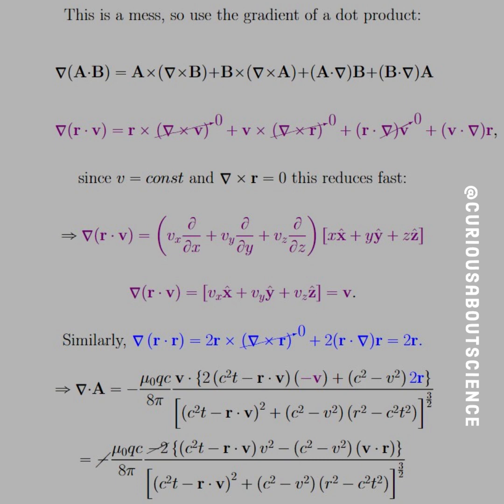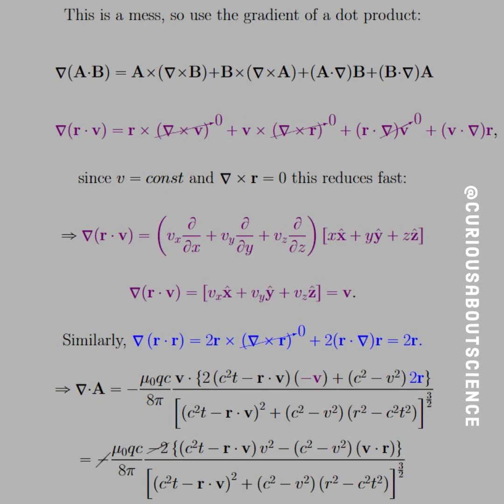So what we're left with is gradient of r dot v is equal to v dot the gradient applied to the vector r, which we kind of saw earlier. That just gives us back out the vector v, and here's how we see the component-wise doing that. Similarly, we have gradient of r dot r, which we could rewrite using the product identity here, and we see that we get del cross, or the curl of r, again, goes to 0.